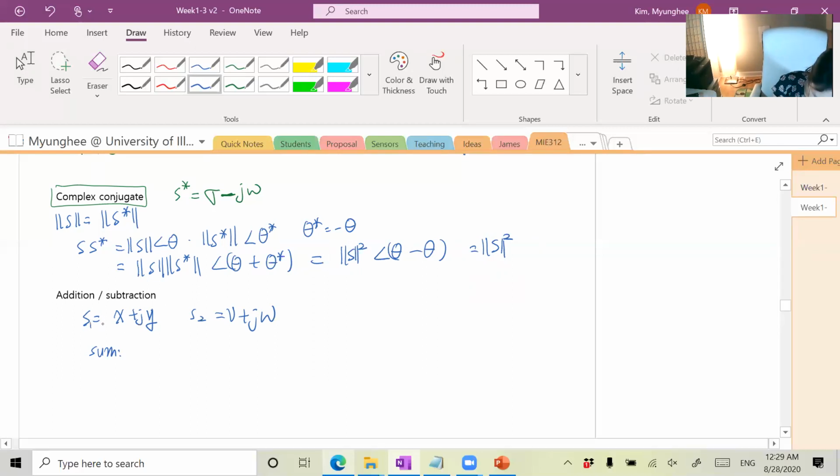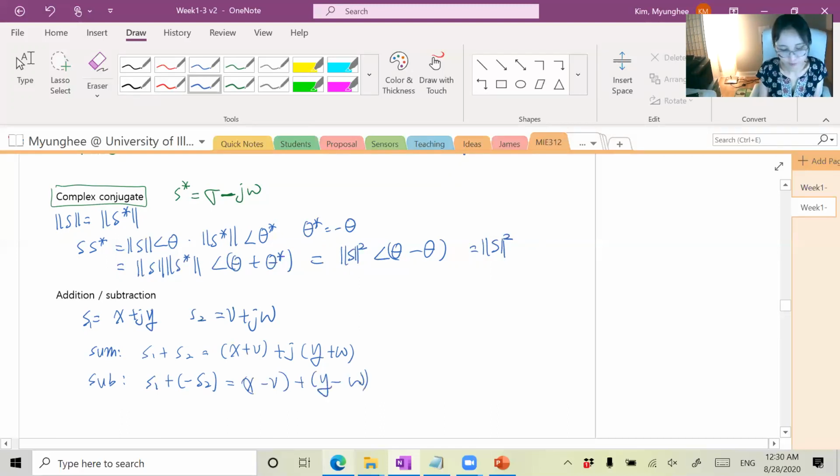So S1 plus S2 becomes X plus V plus j times Y plus omega. The subtraction is nothing but S1 plus minus S2, right? So it becomes X minus V plus j times Y minus omega. So very simple.